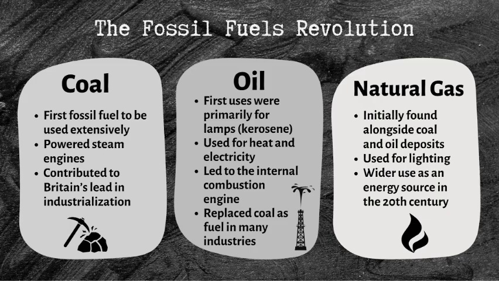The first commercial oil well was set up in 1859 in Pennsylvania by Edwin Drake, and this was considered the beginning of the oil industry. And while we include natural gas in this list of fossil fuels, it does not have a huge impact on economic processes and innovations until a bit later, so after 1900.